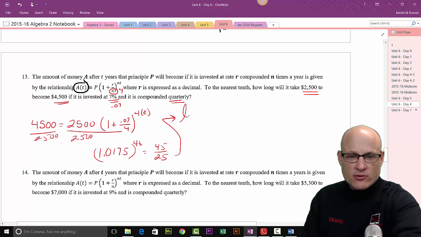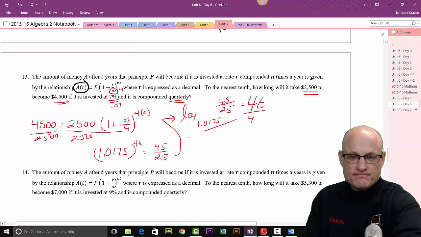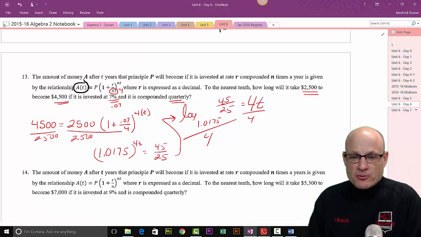Now it's all about that base, so log base 1.0175 of 45 over 25 is equal to 4t. Then divide by 4. That's what I'm going to put in my calculator.